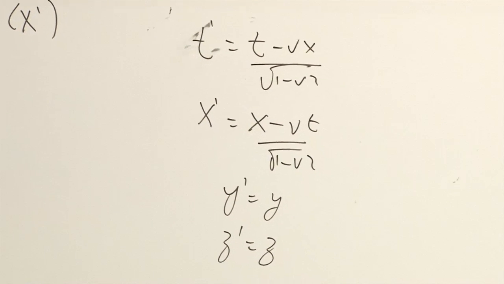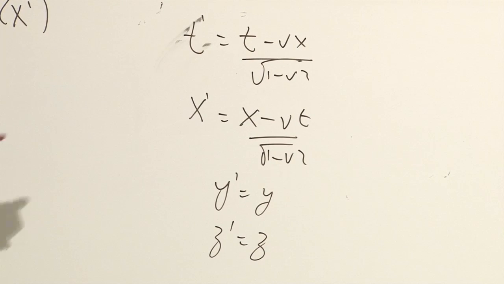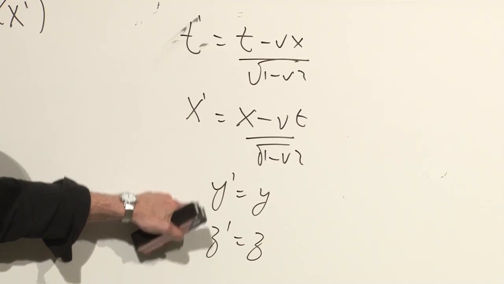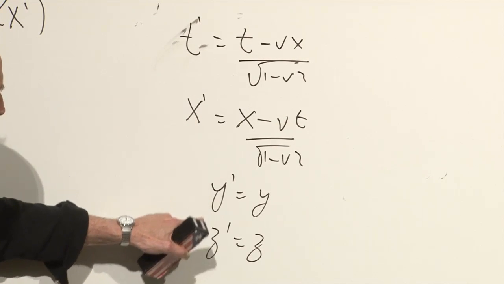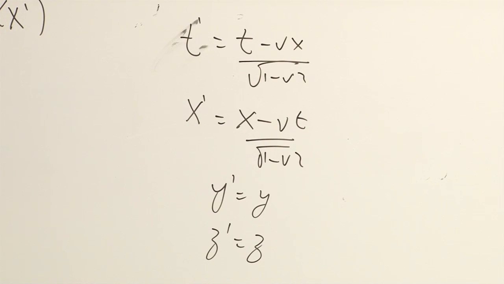Things which transform in this way, complexes of 4 quantities, a time component, an x component, a y component, and a z component, are called 4-vectors.